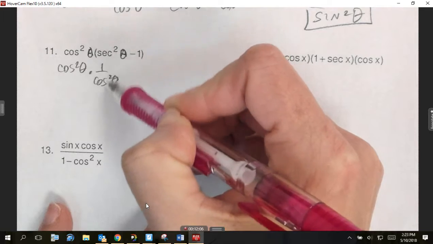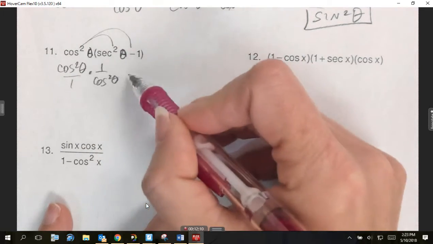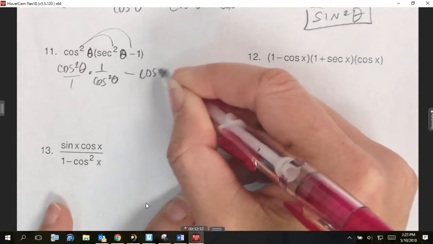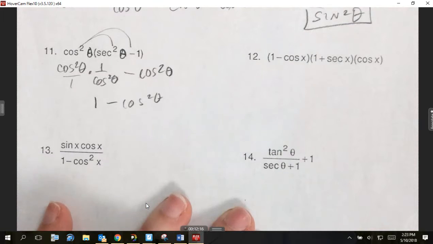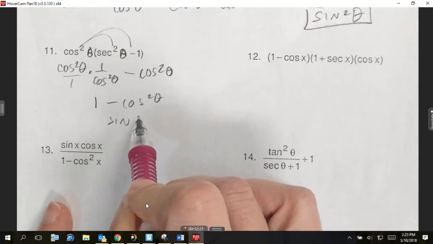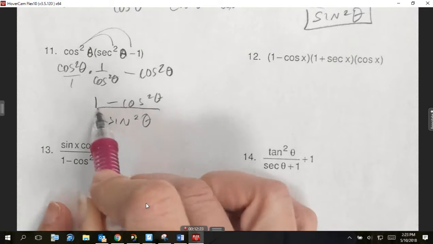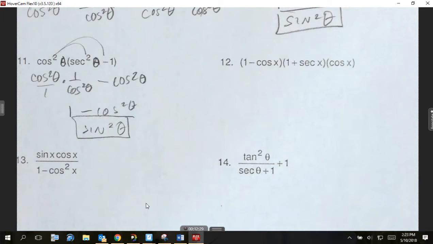So I change secant into 1 over cosine squared. I multiply that by cosine squared. I also distribute cosine squared to 1. I get 1 minus cosine squared theta, which is what? Okay, that's the 5th time we've seen this on the same worksheet. So we're thinking about reciprocals.